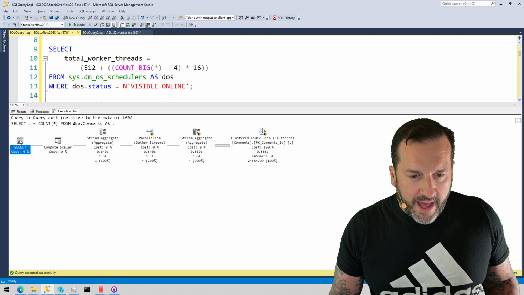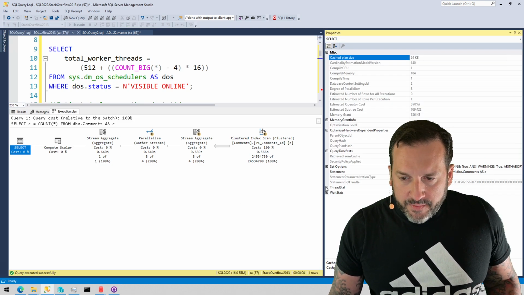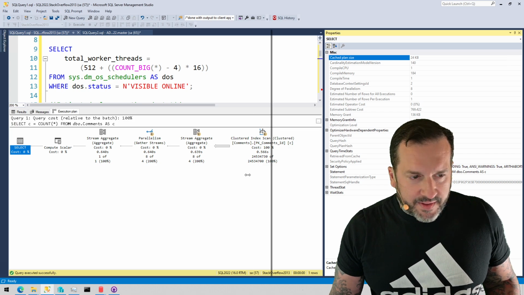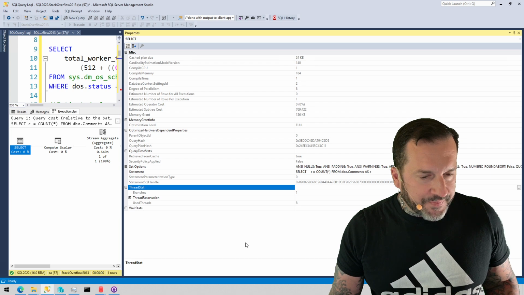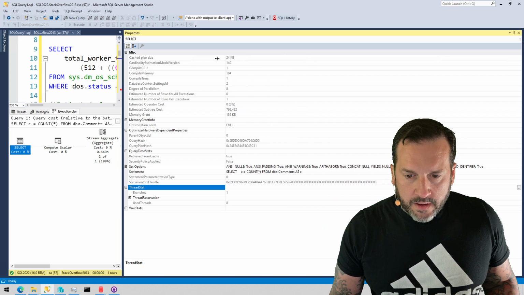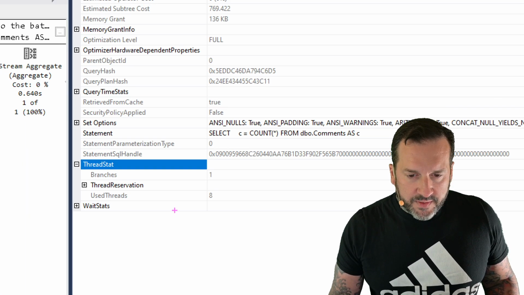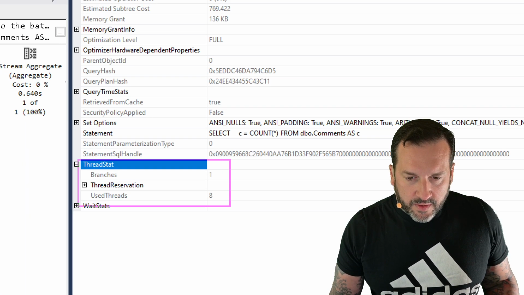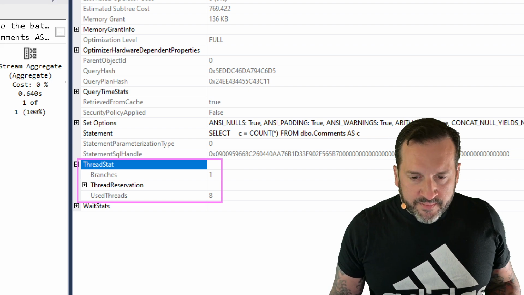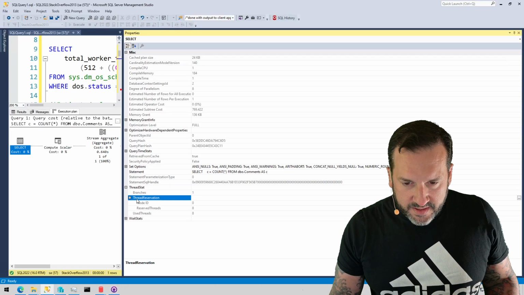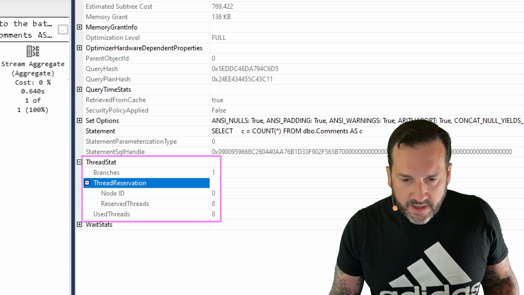And if we look at the properties of the select, and again, the properties section is a really important thing to look at. I'm going to blow this up over here so I don't have to do too much tinkering with moving around. We will see that this particular query, which ran at DOP of 8, actually I should open up this, reserved and used 8 threads.